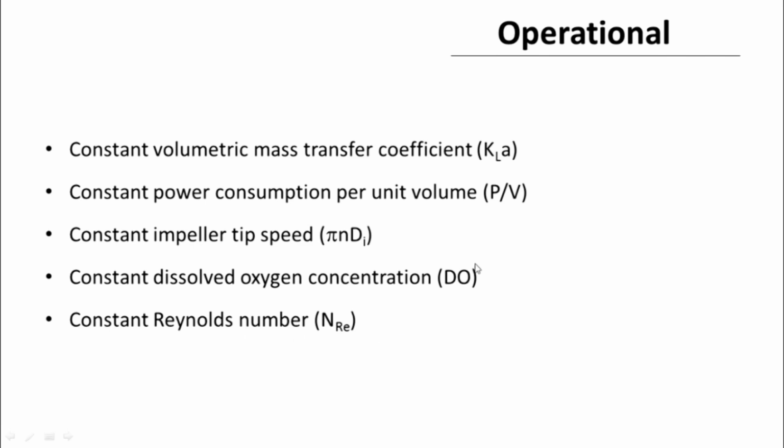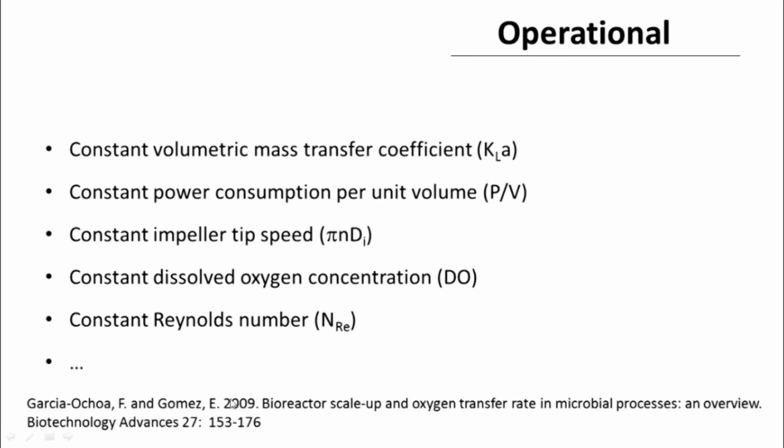Okay. In the industry, quite a few criteria are looked at, and these are the common ones. This paper by Garcia-Ochoa and Gomez in 2009 was published in Biotechnology Advances. The title is Bioreactor Scale-up and Oxygen Transfer Rate in Microbial Processes: An Overview.